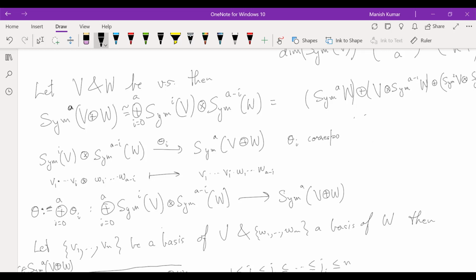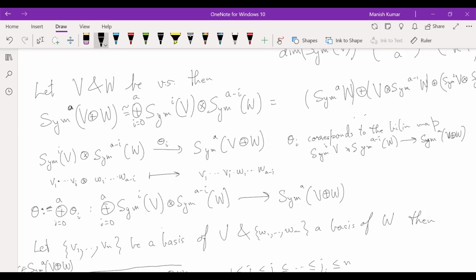So theta_i corresponds to the bilinear map from Sym^i V cross Sym^(a-i) W to Sym^a. I'm just trying to tell you more precisely how these maps are given.